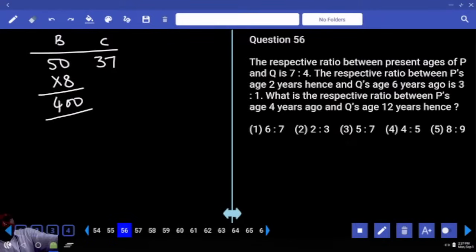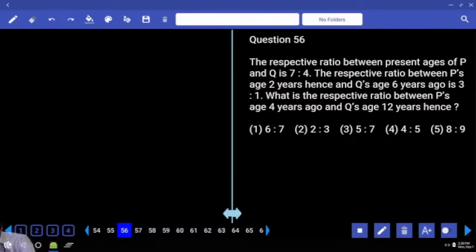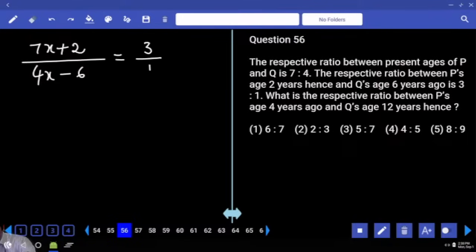The respective ratio between the ages of P and Q is 7:4, so 7x, 4x. The respective ratio between P's age 2 years hence and Q's age 6 years ago is 3:1. P's age 7x, after 2 years, this much. Q's age 6 years back, minus 6, is equal to 3:1. 7x into 1, 4x into 3, 12x, 7x difference.